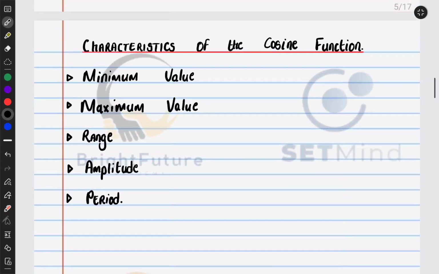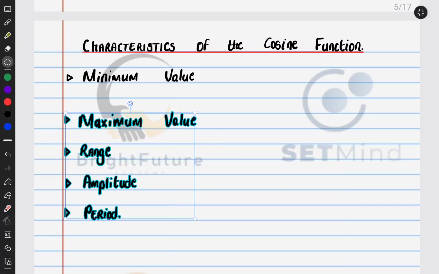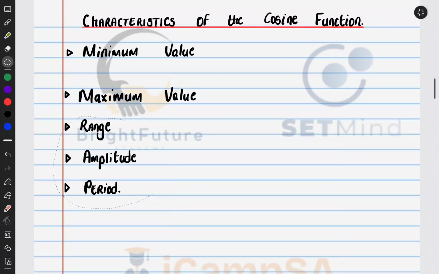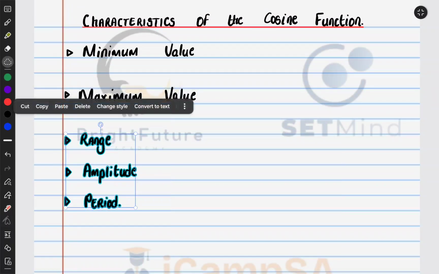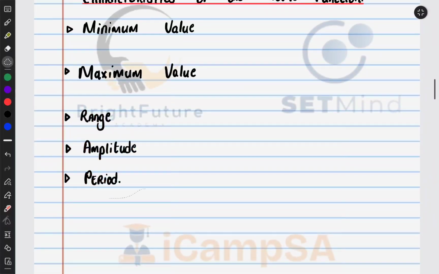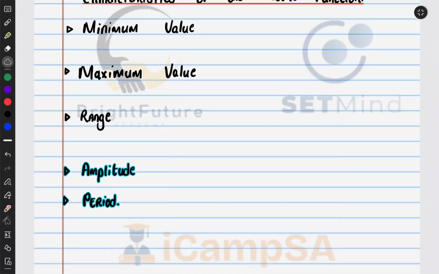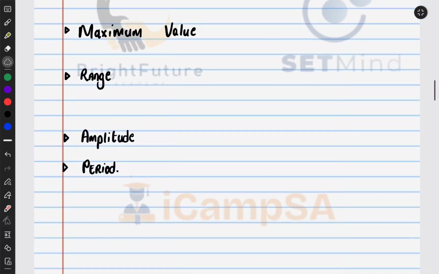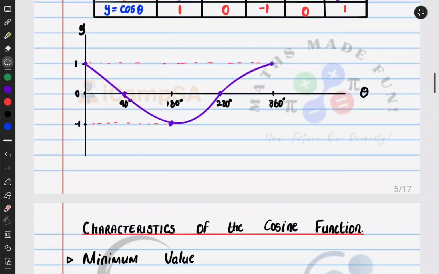Okay, so first thing first, we have the minimum value. We have already explained what the minimum value is, and that is the lowest value. It is the lowest value on our graph.